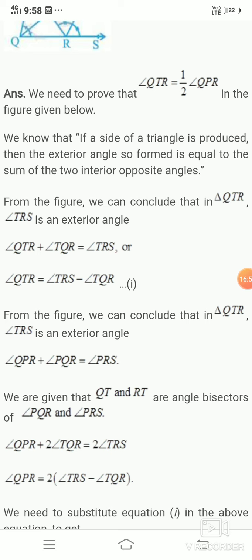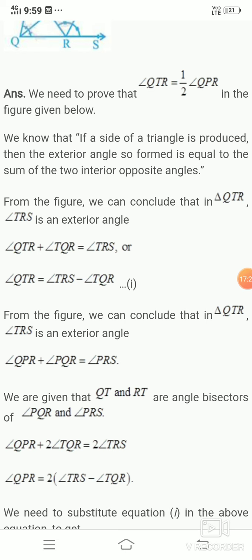Now compare with the first equation. QTR equals TRS minus TQR, and QPR equals 2 times TRS minus TQR.